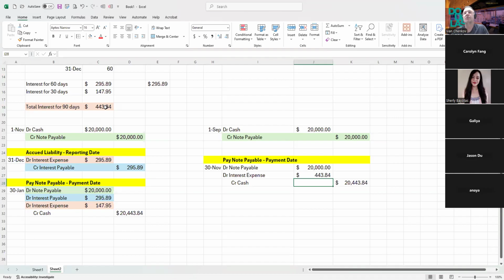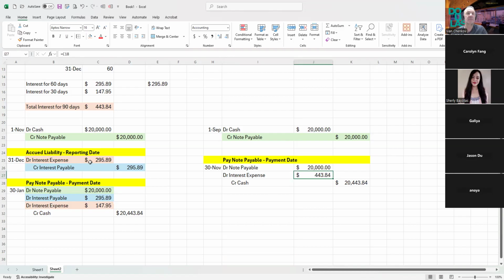So what's the difference between one journal entry and the other journal entry? Is the cash different? No. Is the note payable that we're paying different? No. Is the interest expense different? How much is the interest expense in this case? 443.84.